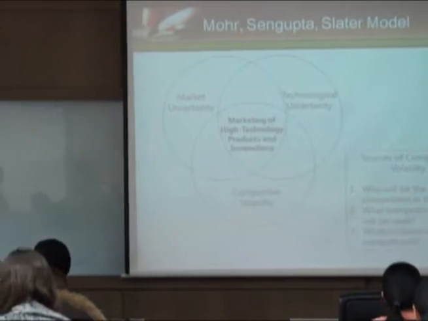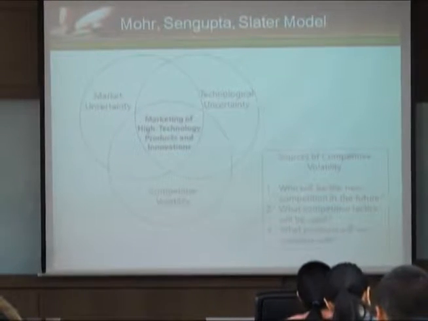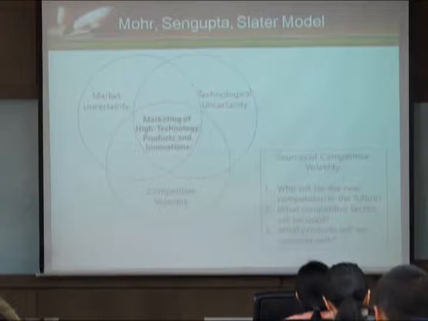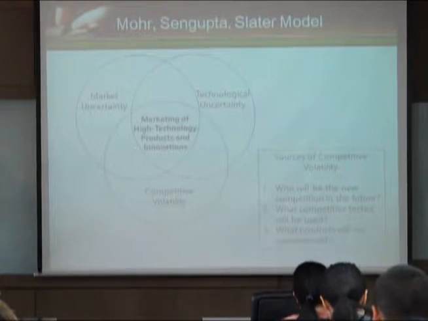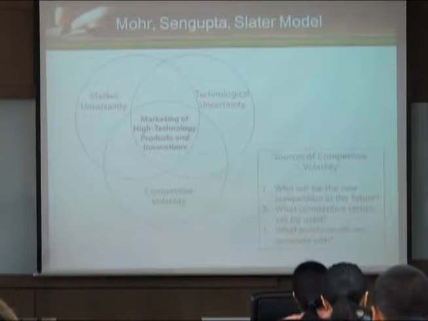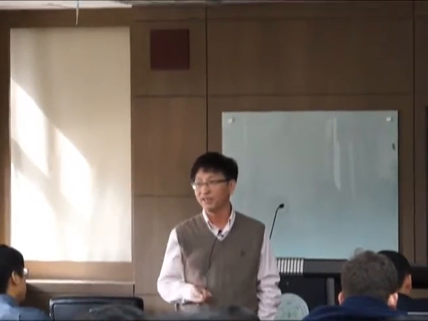So competition, what competition is in the future? And what kind of tactics you're going to use? When you develop a product, your product can be classified in different markets. It could be a tablet computer, it could be a totally new iPad market.